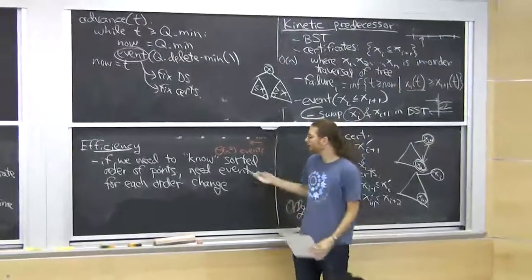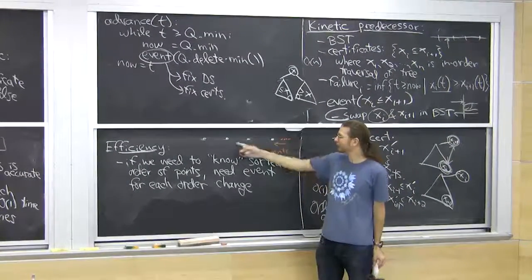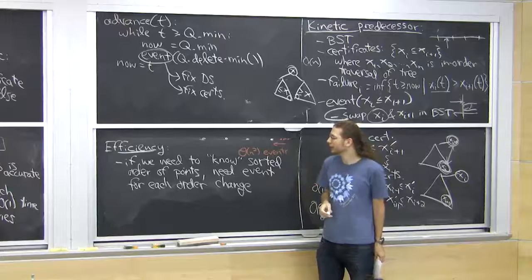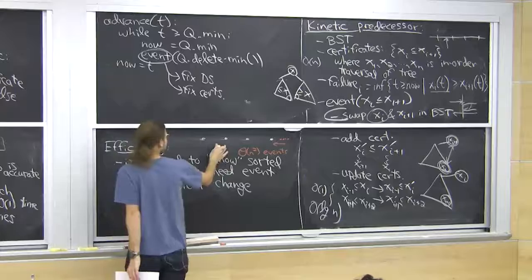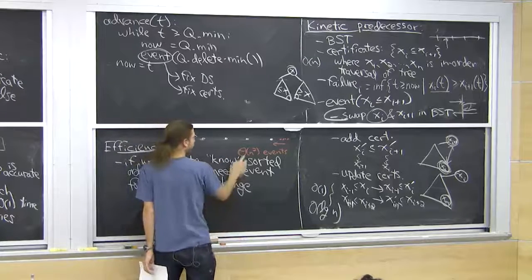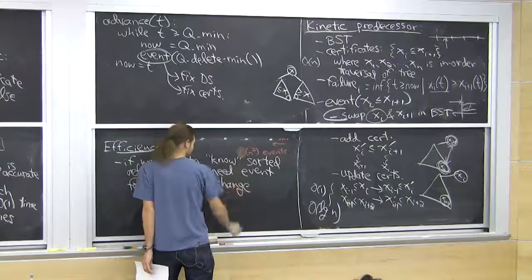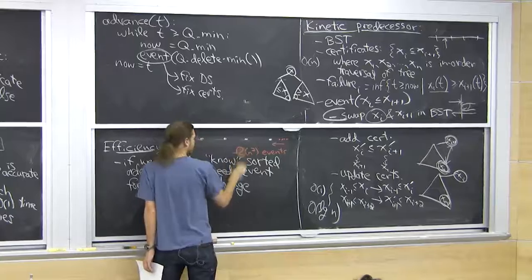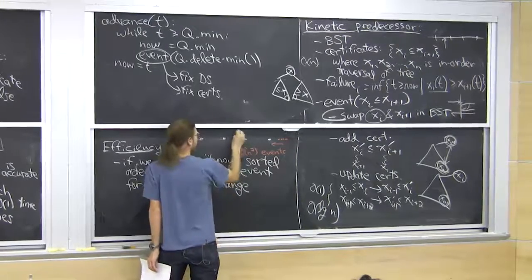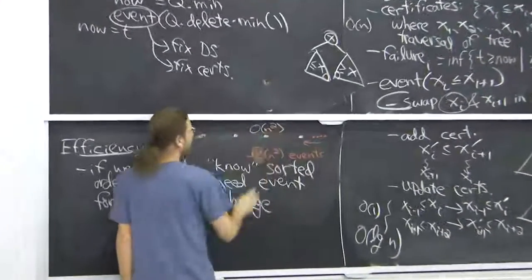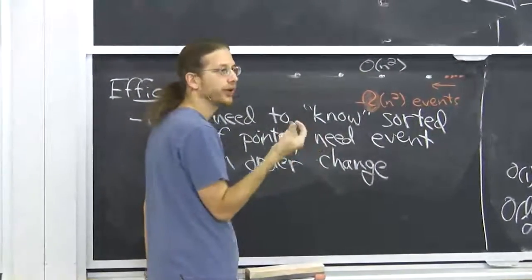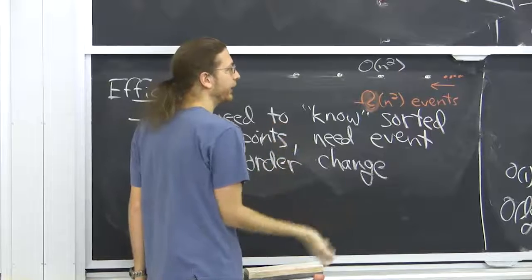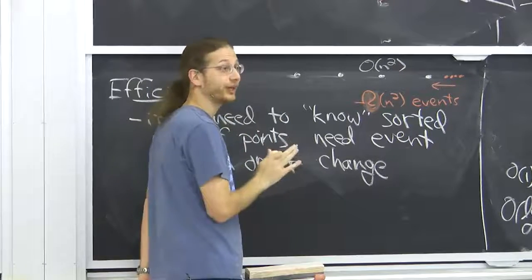So sometimes, yeah, it's going to be bad. Worst case here is quadratic. You can actually prove for pseudo-algebraic, it is order n squared events. So this was really a lower bound. But it is also order n squared all the time, because if you look at any pair of guys, they're only going to change a constant number of times who's above whom for pseudo-algebraic, if there are no change events.